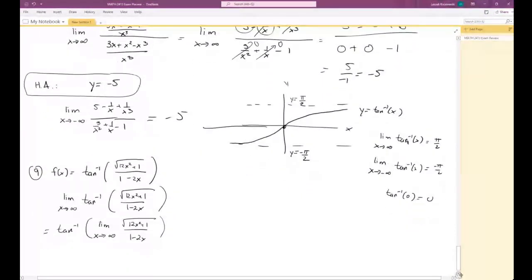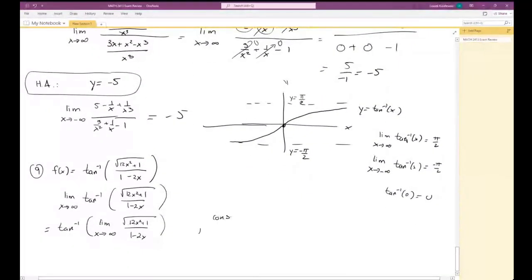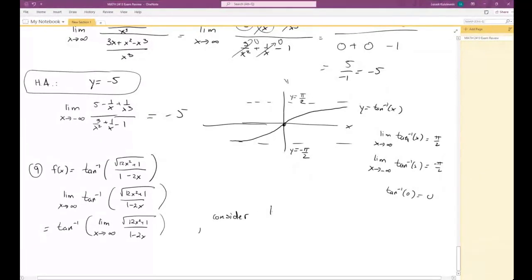And so we're just going to be focusing on that inside, right? So let's just consider this. Oops, gotta make that legible. So what's the highest power of x?